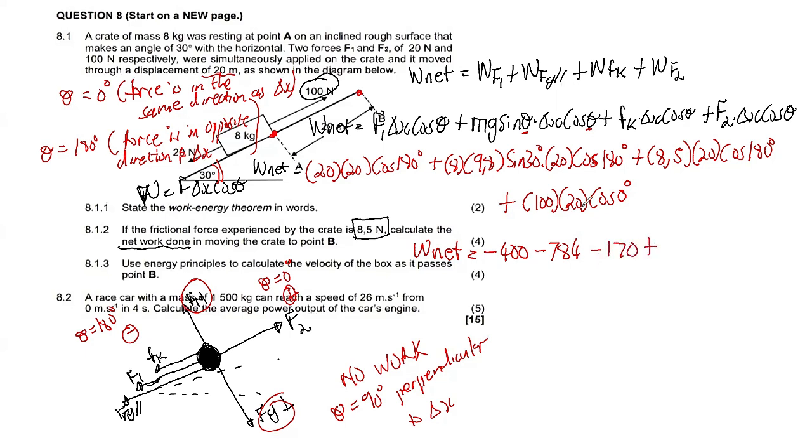And then if I punch the 100 times 20 cos 0, then I'm getting a value of positive 2,000, right? Then W net is equal to all of this into your calculator now. You get 646 joules, right? So that becomes your W net. So that's the net work done.